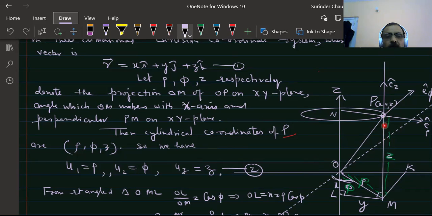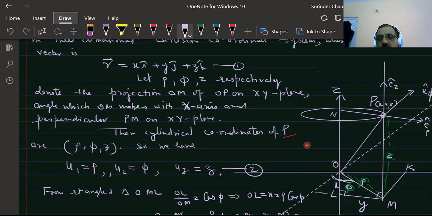Therefore the Cartesian coordinates of the point P are x, y, z. Now the cylindrical coordinates of this point P are rho, phi, and z. Rho is this OM, phi is this angle, and z is this. So in order to reach this point in cylindrical coordinates, we move along the x-axis.